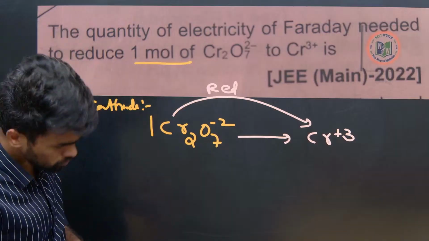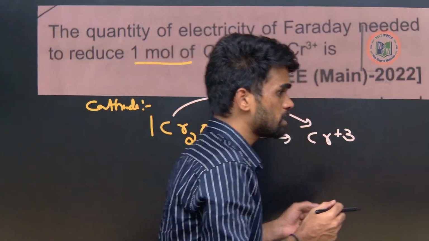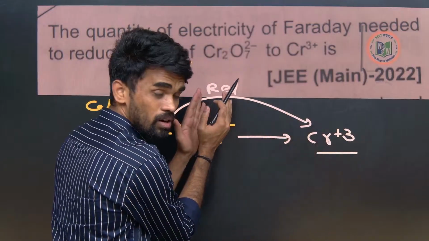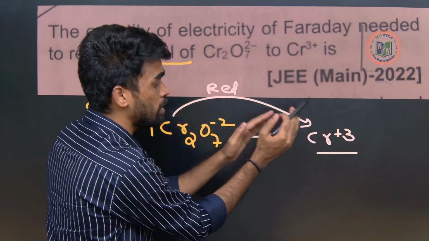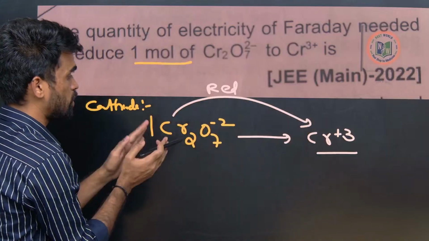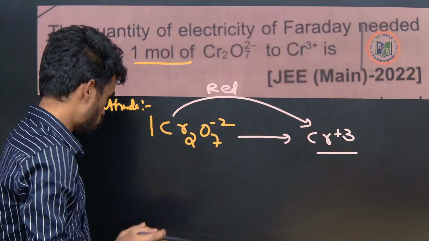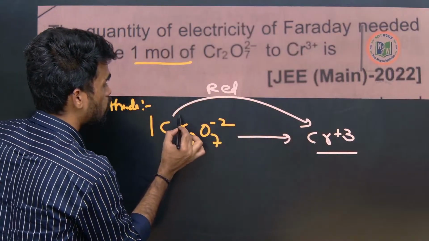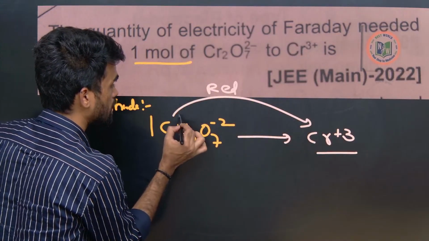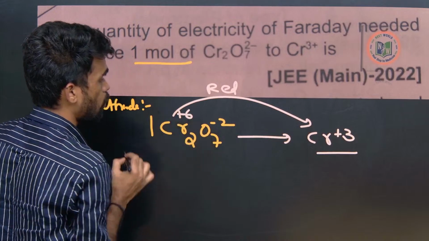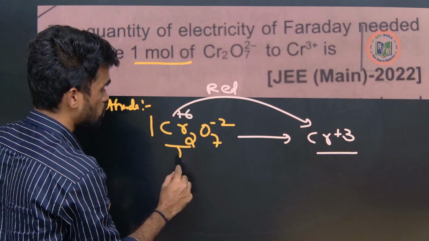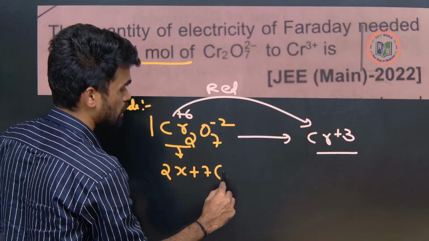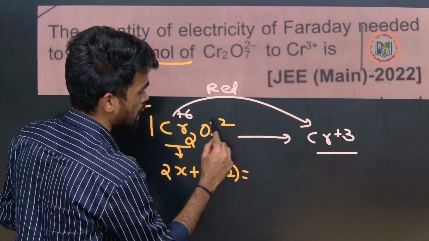Now how much quantity of electricity is required to deposit this chromium ion from 1 mole of dichromate? For this just count the number of electrons changed here. What is the oxidation state of chromium here? It is +6. How can you find that? For chromium, 2 chromiums are there, so 2x, and 7 oxygens, 7 into -2 for each oxygen, overall charge is -2.